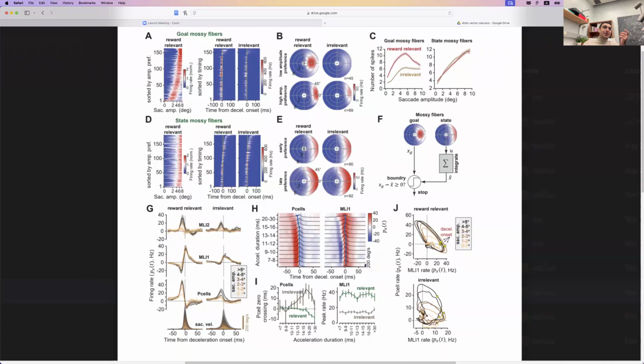In addition to that, in the work of Ziad Hafed, colliculus is very selective to different visual stimuli and different types of movements. And again, it seems that the ones we see being projected to the cerebellum are, at least in the context of our task, not for the spontaneous saccades, but for the targeted saccades.